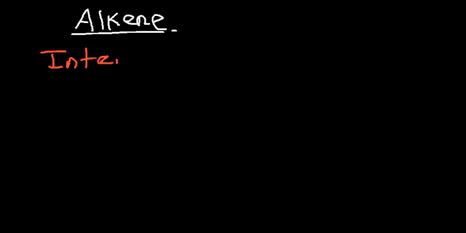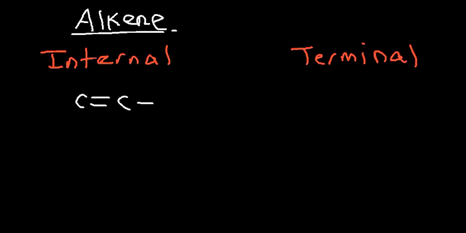So now for alkenes. Now there's two types of alkenes that you have to worry about. You have the internal alkenes and the terminal alkenes. The internal alkenes, that's where the double bond is in the middle of a compound. So you might get something that looks like this.